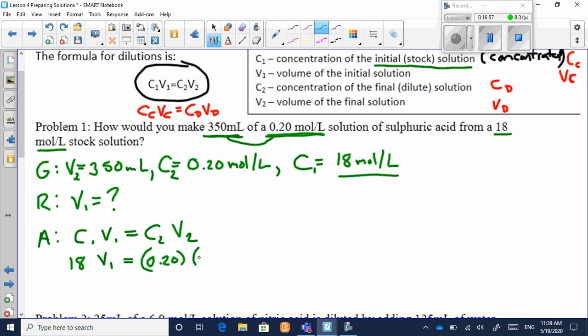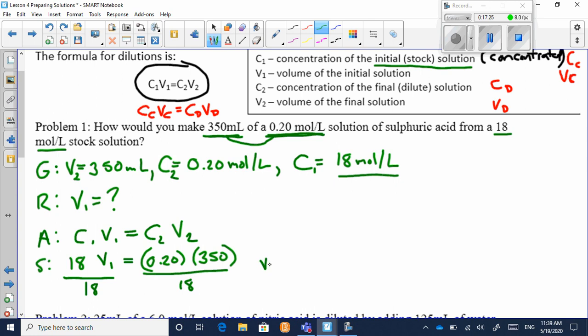You can leave it as milliliters, but just know that your answer will also be in milliliters. So just be aware, I'm going to leave it as milliliters. You can switch it if you like, and it would be 0.35 liters. But in this case, I'm going to leave it, and I'll just know that my final answer is going to be in milliliters. So to get rid of the 18, this is my substitute and solve now. I'll divide 18 off this side, and I'll divide 18 off this side.